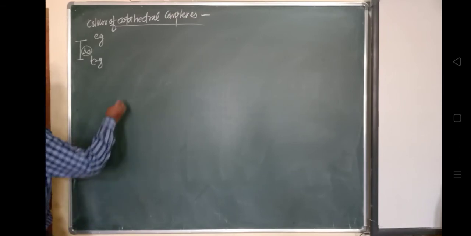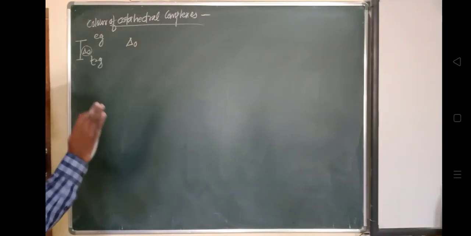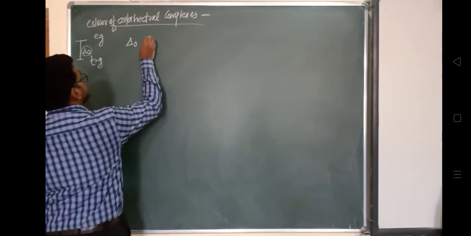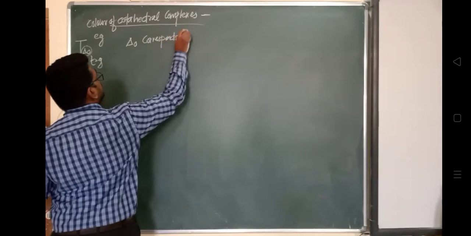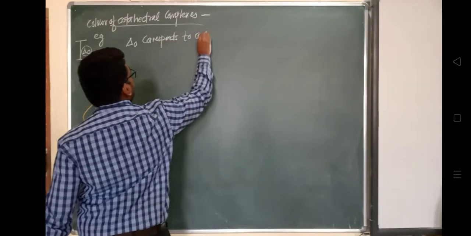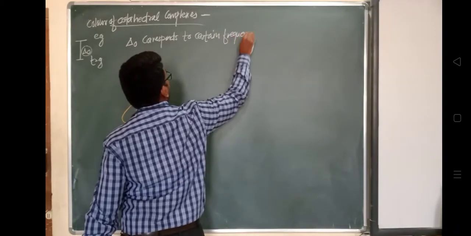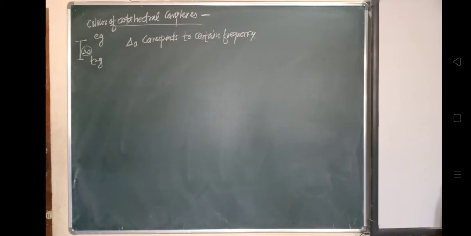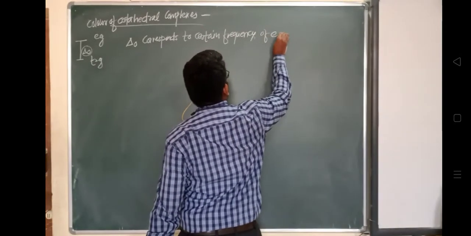Now, this delta naught, the crystal field splitting parameter, will correspond to a certain frequency. So it will have a certain frequency in hertz, of electromagnetic radiation.